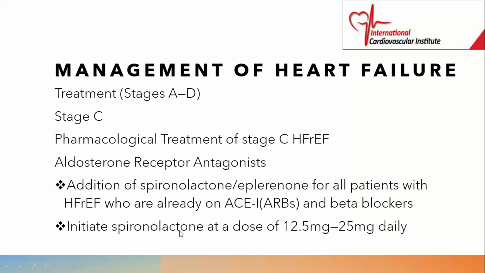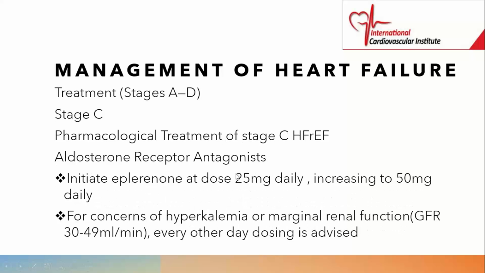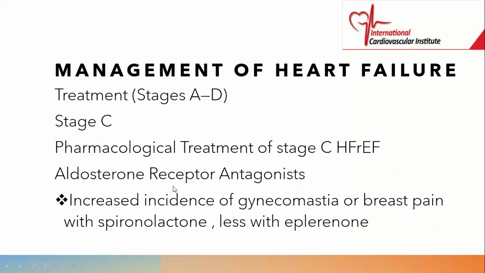If you're using spironolactone, 12.5 to 25 milligrams once daily, and if you're using eplerenone, then 25 milligrams once daily. You're going to increase to 50. Again, you're going to make sure the patient doesn't develop hyperkalemia. You're going to make sure the renal function is okay. If there's slight impairment in the renal function, you can do every other day dosing. You don't have to do daily dosing.